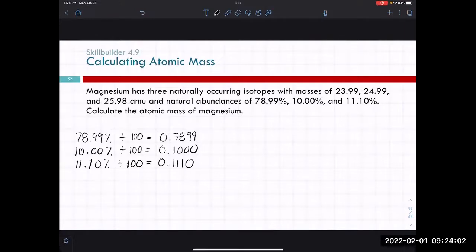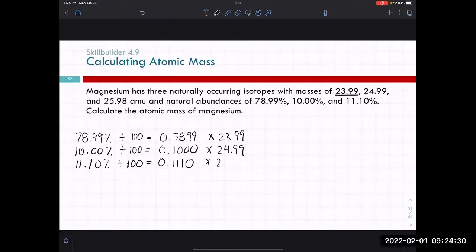Now that we have these, we can take each of those and multiply it by its corresponding mass, right? Its corresponding mass. So this will be 0.7899 times our first mass, 23.99. The second one will be multiplied by the second mass, 24.99.